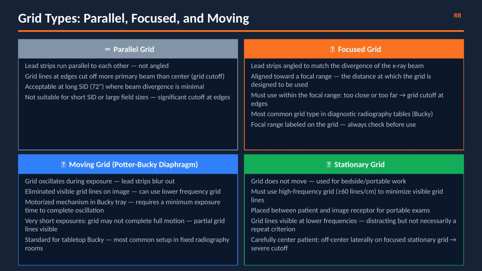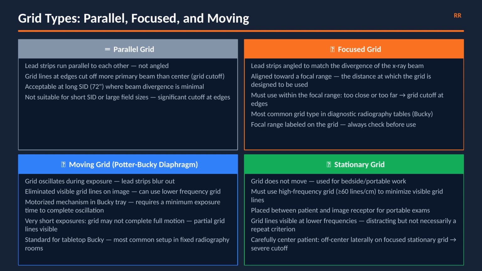Parallel grid, lead strips run parallel to each other, not angled. Grid lines at the image edges cut off more primary beam than at the center because the diverging beam strikes the edge strips at an angle. Acceptable at long SID, 72 inches, where beam divergence is minimal.